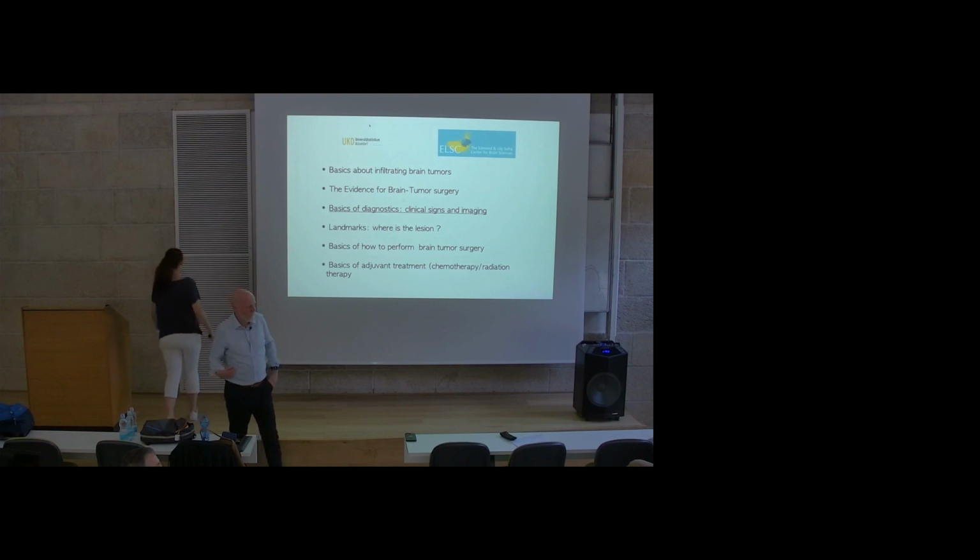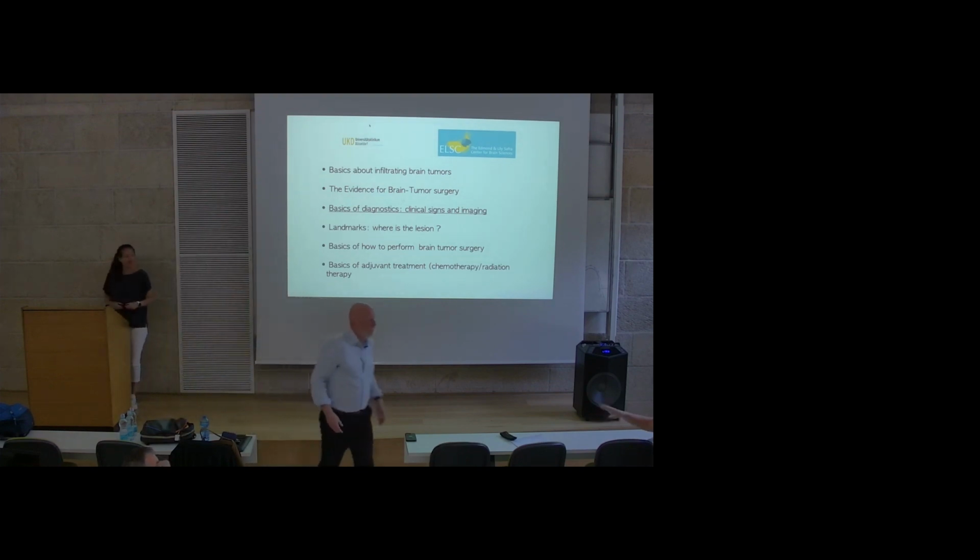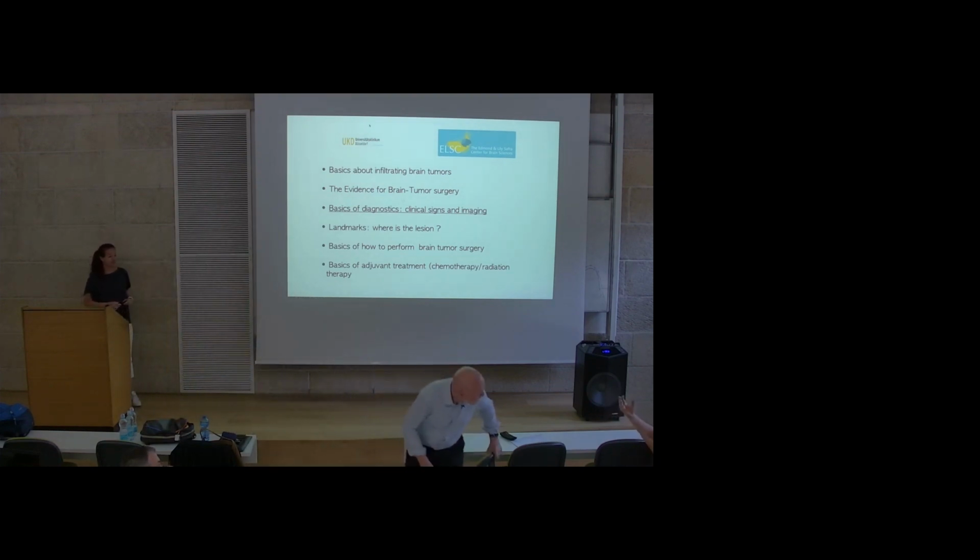But my question was not intended to underscore this. Rather, it was intended to see if there's any evidence about taking the functional deficit into consideration in resecting low-grade gliomas. Is there any statistical evidence of any sort that will give you a clue about the outcome, about the relevance of the location, for instance?